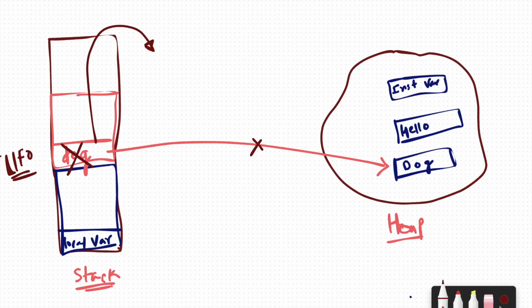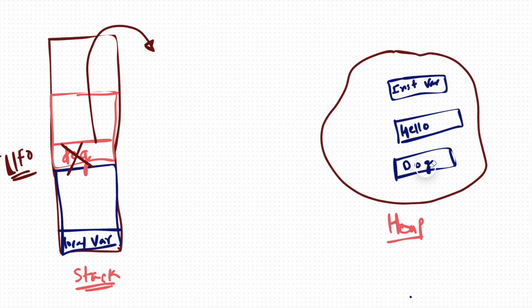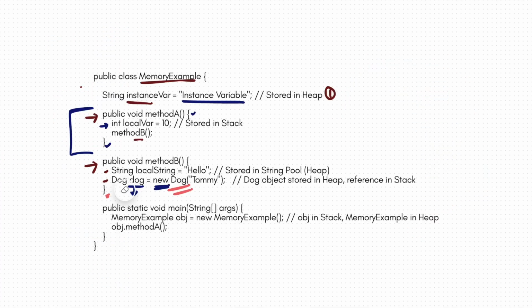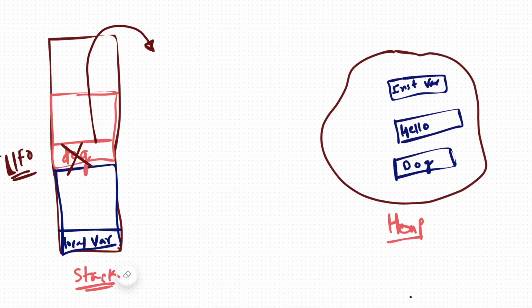Let me erase this. No one is referencing this now, so it is free. Now next, what will happen? As soon as this scope is finished, next we will encounter the finishing of the scope of A, this one, right? So now this will also be pulled out. So let's pull this out.